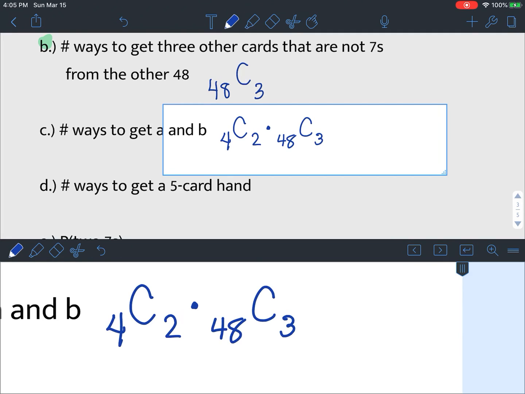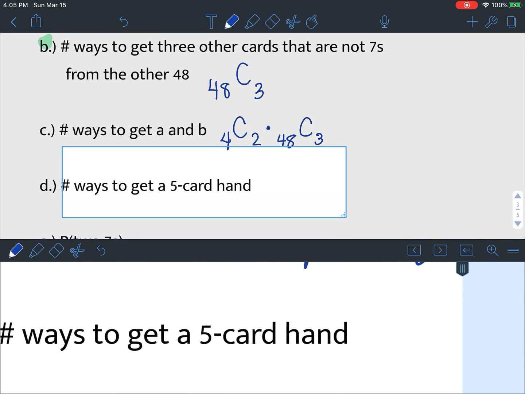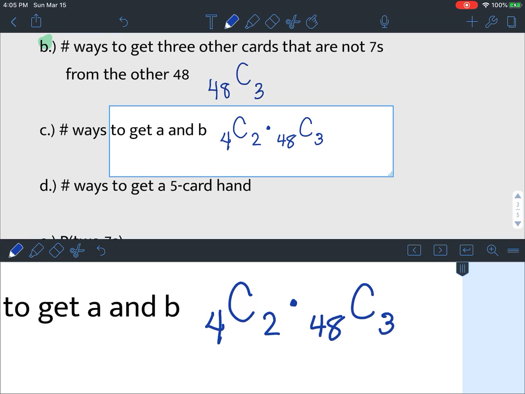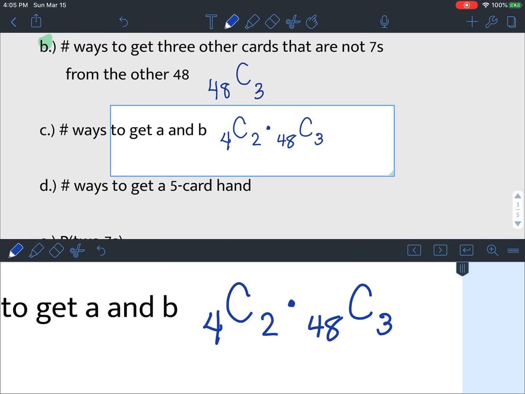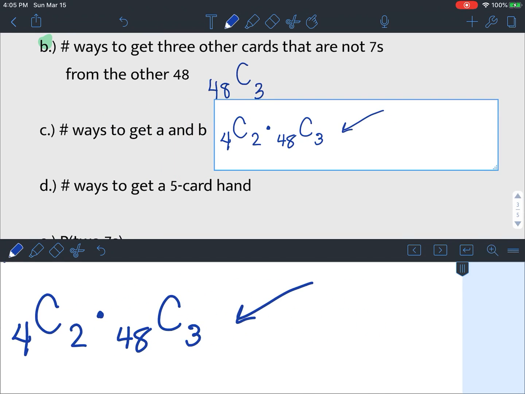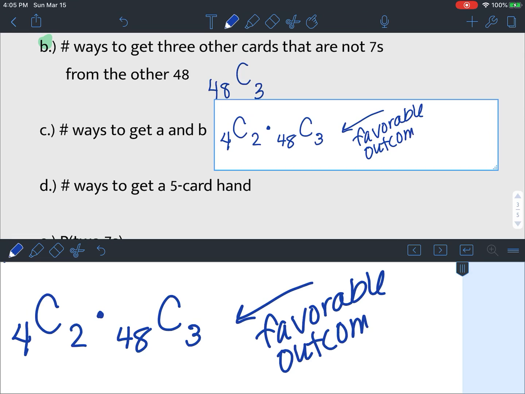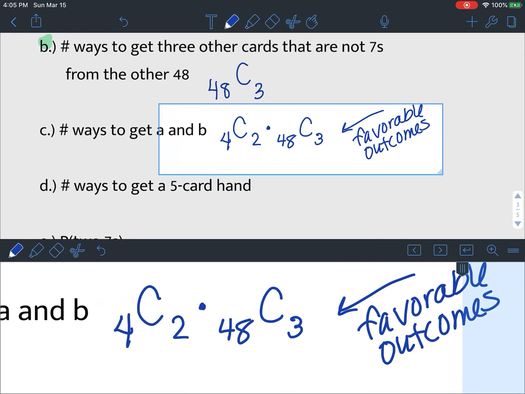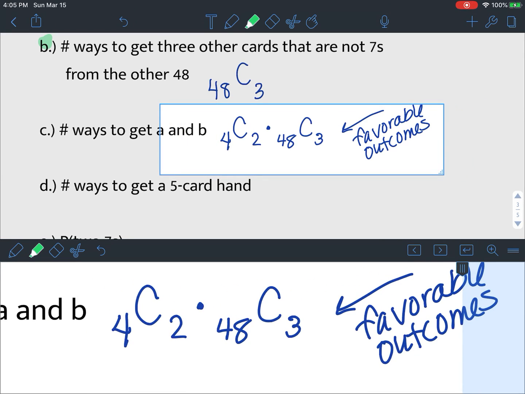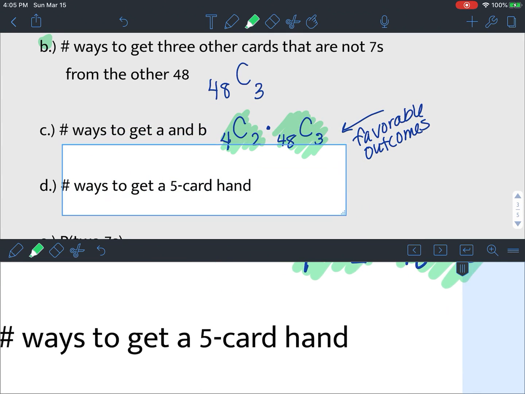And again, we're just going to leave it like that for now. We'll just worry about the actual numbers at the end. Okay, so this is what we want to get. This is what would be called the number of favorable outcomes. So this is a combination of the sevens that I want and the other 3 cards that I'm going to get, even though I don't actually want them.